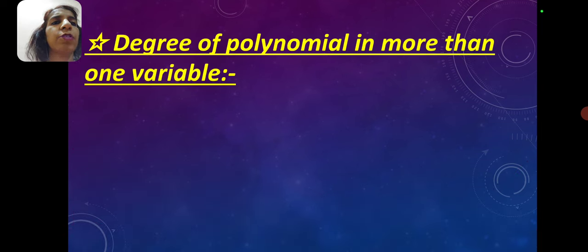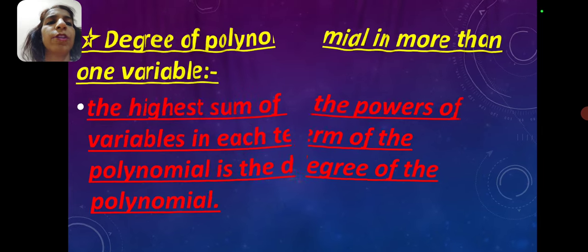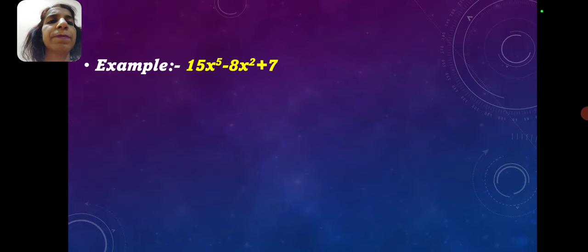Next, degree of polynomial in more than one variable: the highest sum of powers of variables in each term of the polynomial. So we will have to calculate the highest sum of the powers of variables in each term of the polynomial, and that is nothing but equal to the degree of polynomial, okay.